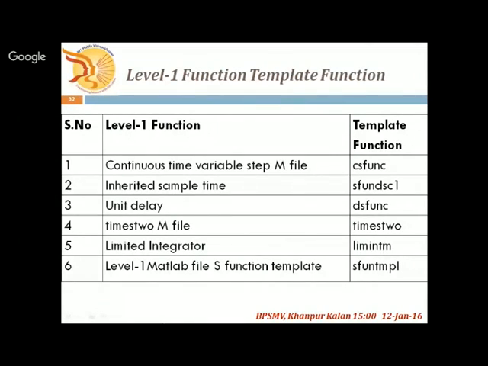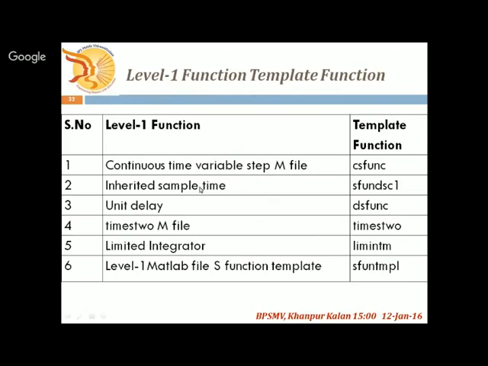These are the templates which are available corresponding to level 1 M-file S-functions. Continuous time S-function: go to your command window, type edit and this name. It will open the template. Inherited sample time: again, go to the command window, type edit and this name.